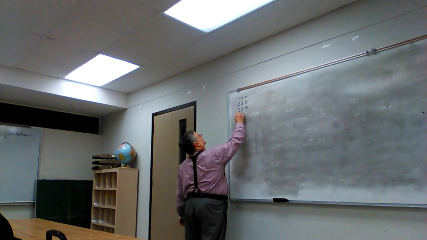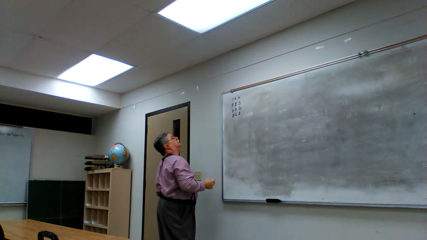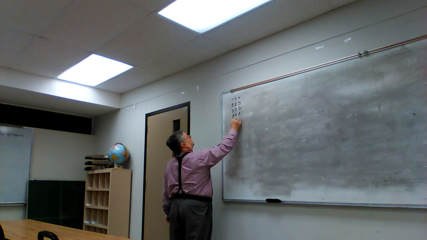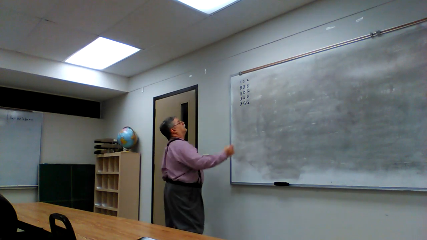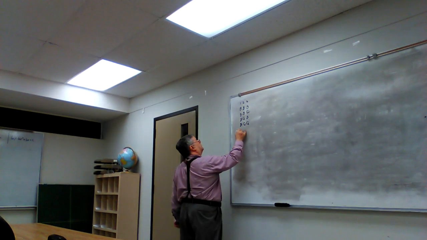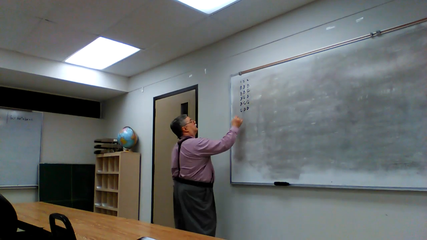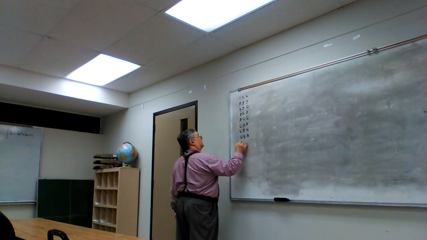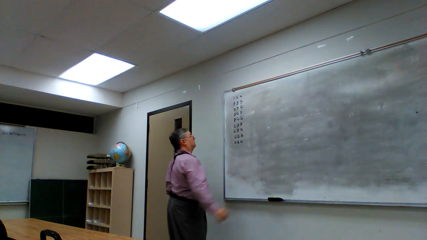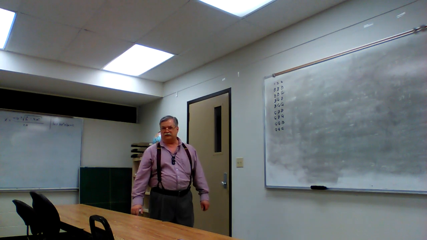It's possible that the first one will be a boy, the second one will be a girl, and the third one will be a boy. It's possible that the first one will be a boy, and the next 2 will both be girls. It's possible that the first one will be a girl, followed by 2 boys. And then it's possible for girl, boy, girl; girl, girl, boy; and girl, girl, girl. What is the sample space?